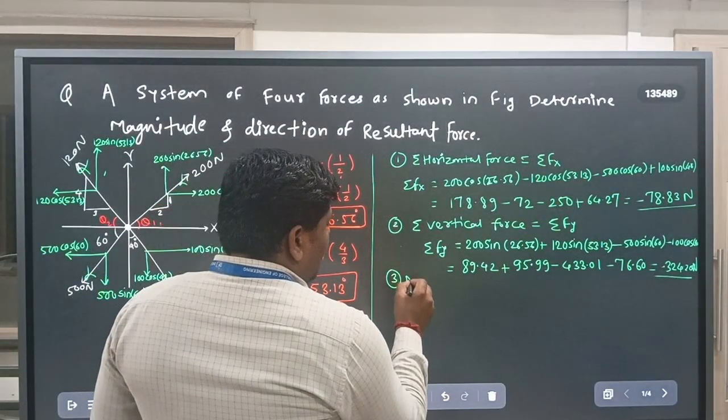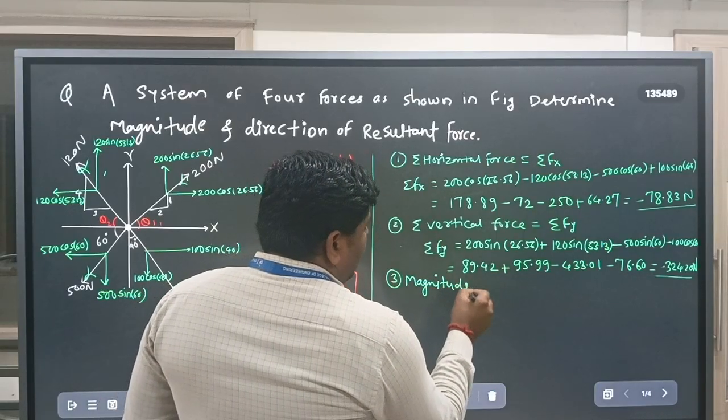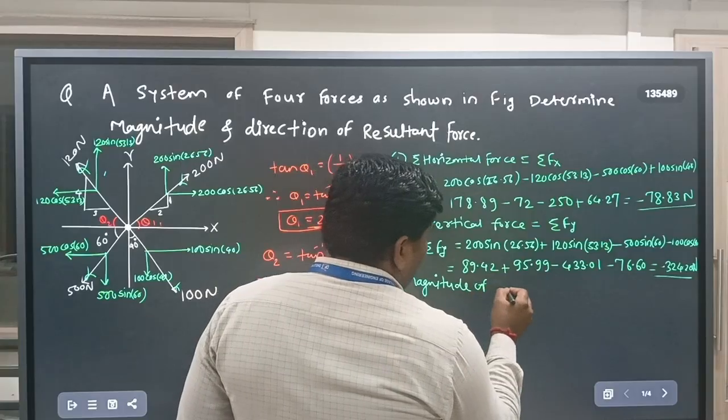नाउ फाइंड द मैग्नीट्यूड ऑफ रिजल्टेंट. सो थर्ड स्टेप इज मैग्नीट्यूड ऑफ resultant force.